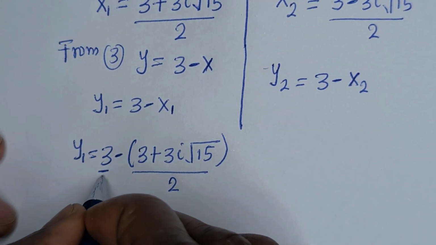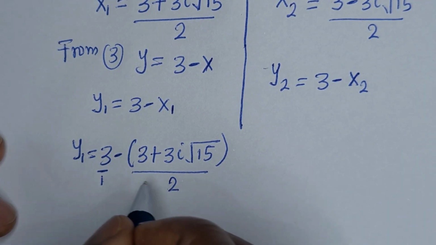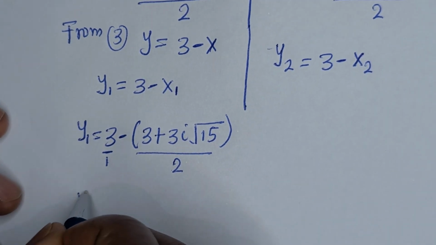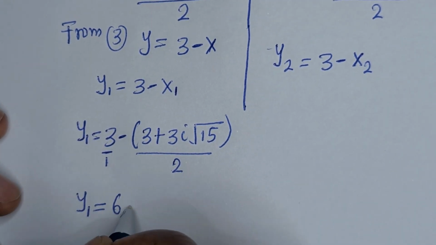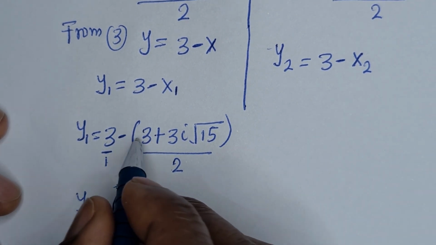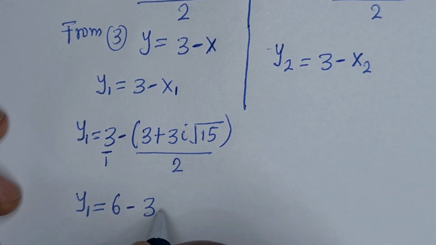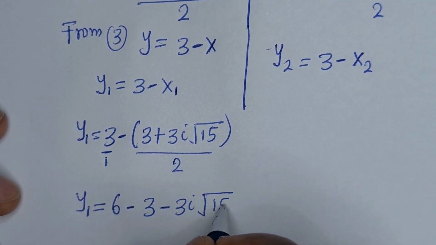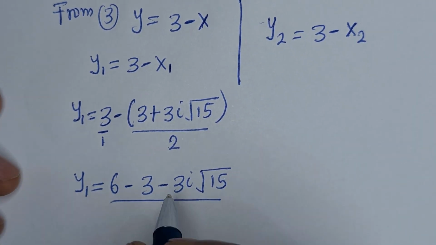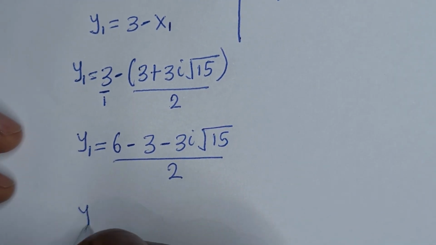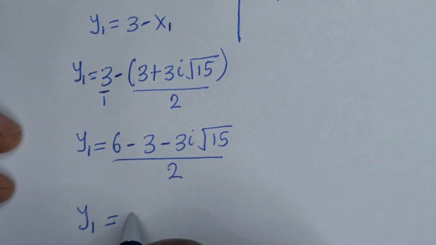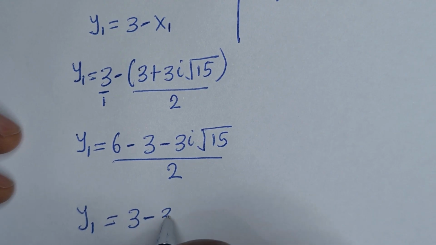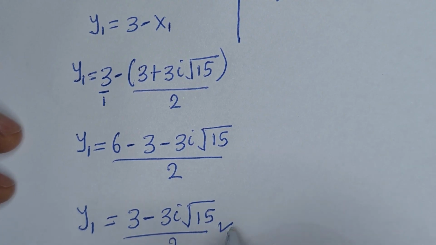Then this is over 1 into 2. 2 times 3, that is 6. y1 is equal to 6 minus, if you open the bracket with the negative here, we have 3 minus 3i root 15 over 2. y1 is equal to 6 minus 3, that is 3 minus 3i root 15 over 2. This is the value of y1.